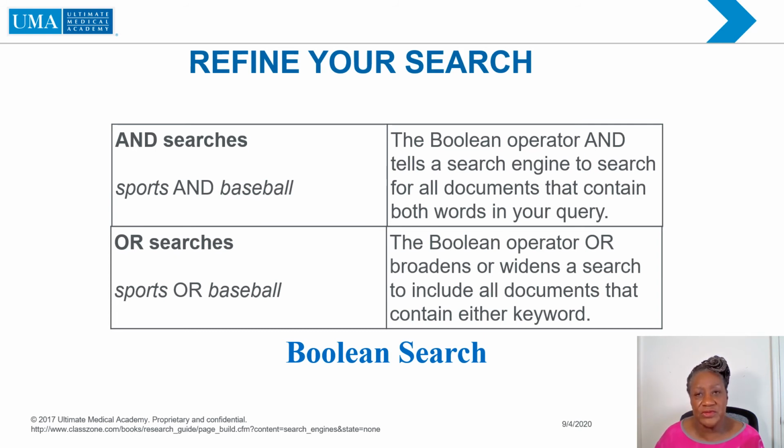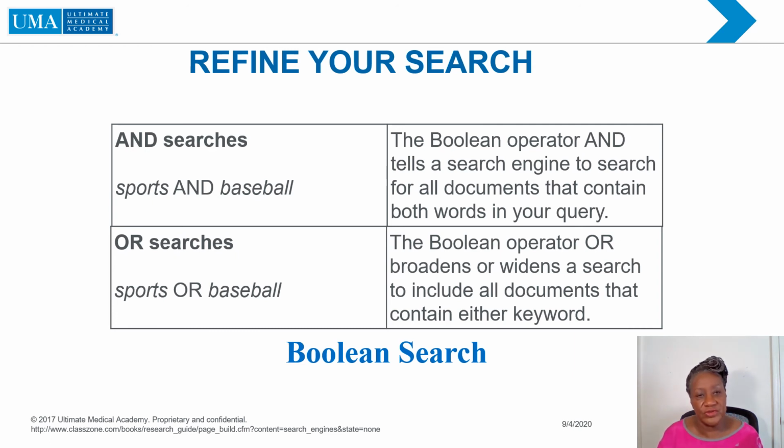With Boolean searches, you can increase the accuracy of your searches by specifying the relationship among the keywords and the phrases that you identified in your brainstorming effort. You're going to take those and then you can use them in your Boolean search. The most commonly used Boolean operators include and, or, and not.